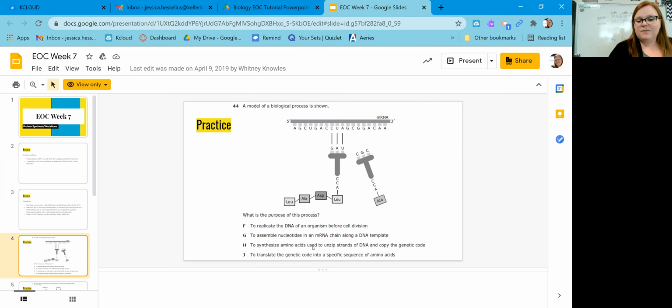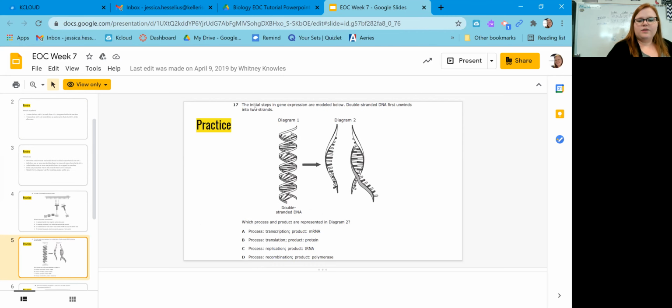And we're not making amino acids. We're using already produced amino acids, because you actually get those from digesting food. So the purpose is to translate the genetic code into a sequence of amino acids. The correct answer here is J, hopefully by process of elimination and recognizing that if there's an mRNA strand and tRNA molecules matching it up and leaving amino acids, that's translation.